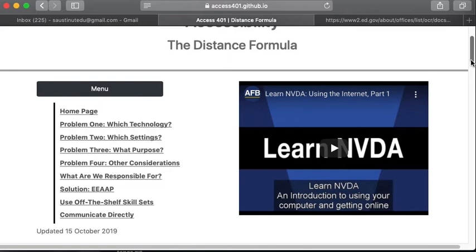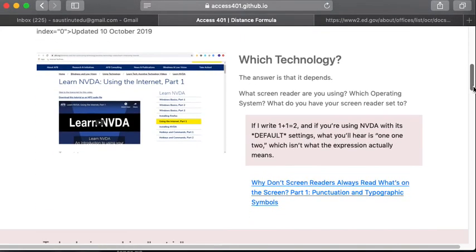But the problem is you have to understand that the screen reader works best with a certain operating system and a certain browser. Most people don't know that. So if you just say go forth and multiply with this technology, and they're using Chrome instead of Firefox, or Mac instead of Windows, what works for one person won't work for another.